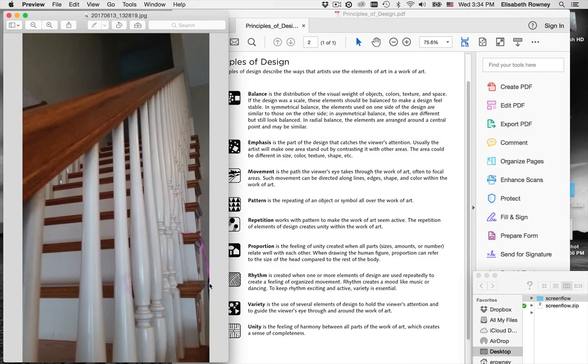So if this is intentional to your image, then this would probably be the emphasis. If it's not, then it messes up the overall rhythm of the scene, because this right here is the oddball out. But this aside, this is a really good example of showing me movement and repetition.